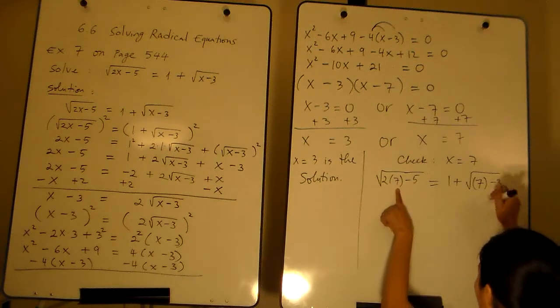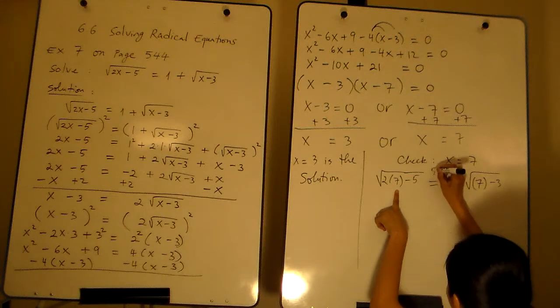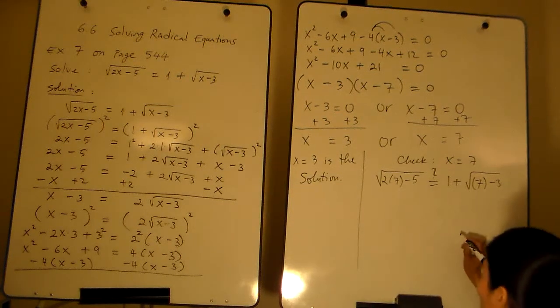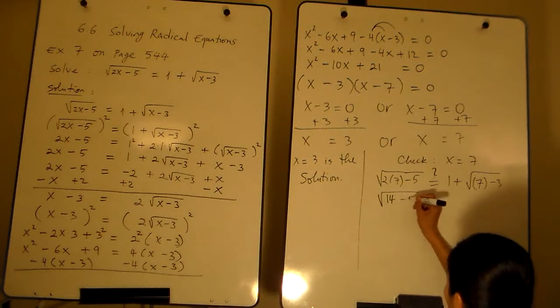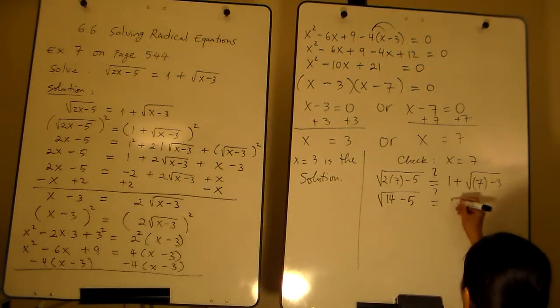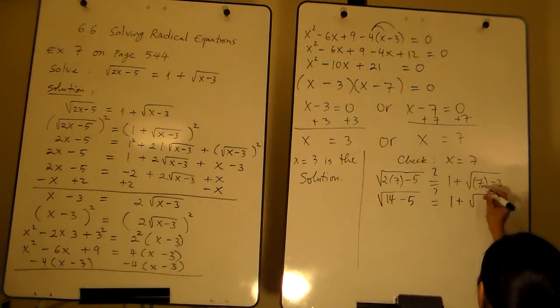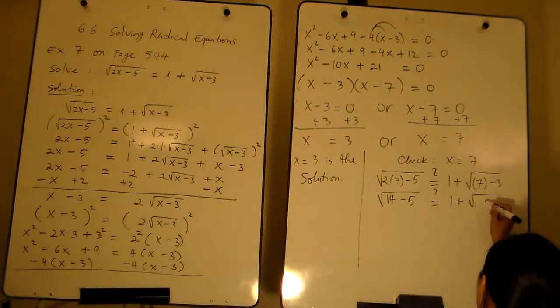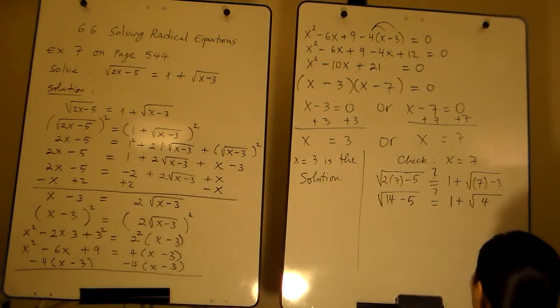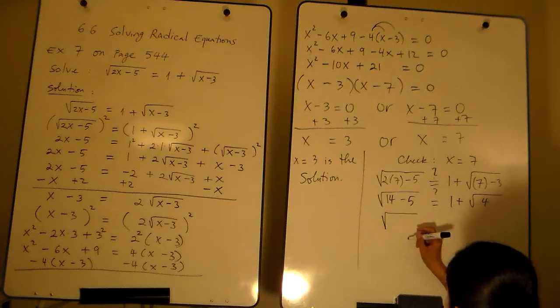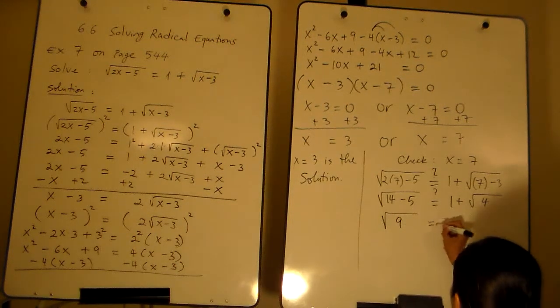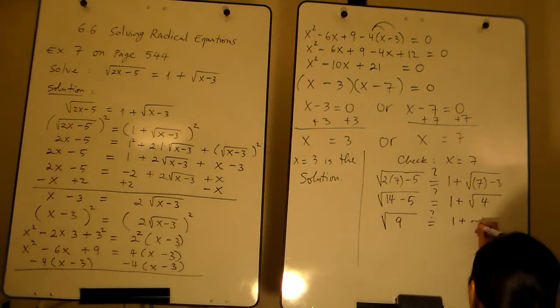So I'm just replacing with 7. I don't know if the left-hand side is still equal, so I put a question mark. 2 times 7 is 14 minus 5, question mark, 1 plus square root of 7 minus 3 is 4.